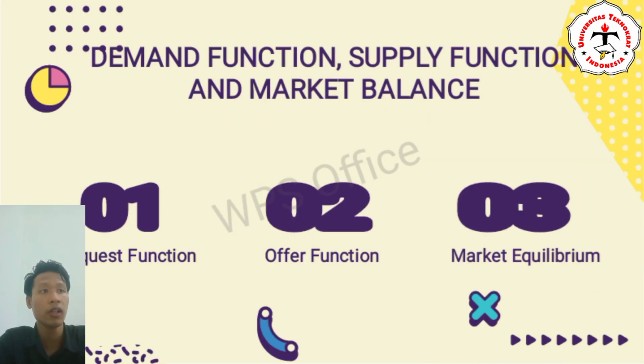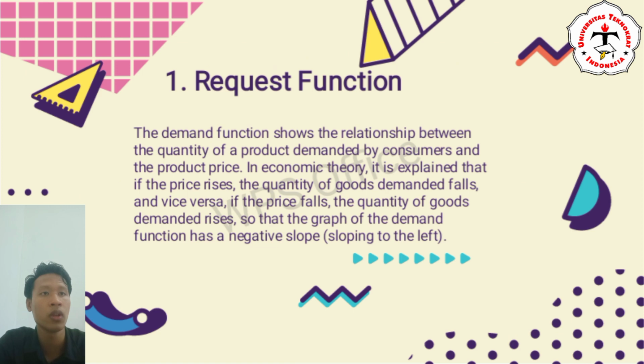Demand function, supply function, and market balance. So I have three points: first, demand function, second is supply function, and third, market equilibrium. Point number 1 is the demand function, which shows the relationship between the quantity of a product demanded by customers and the product price.